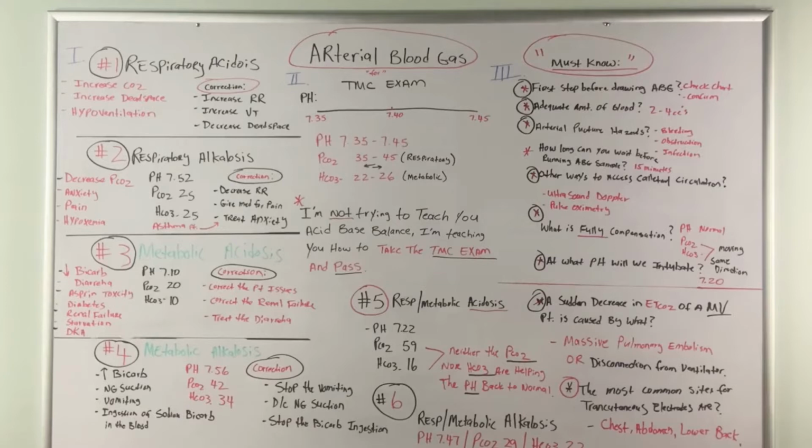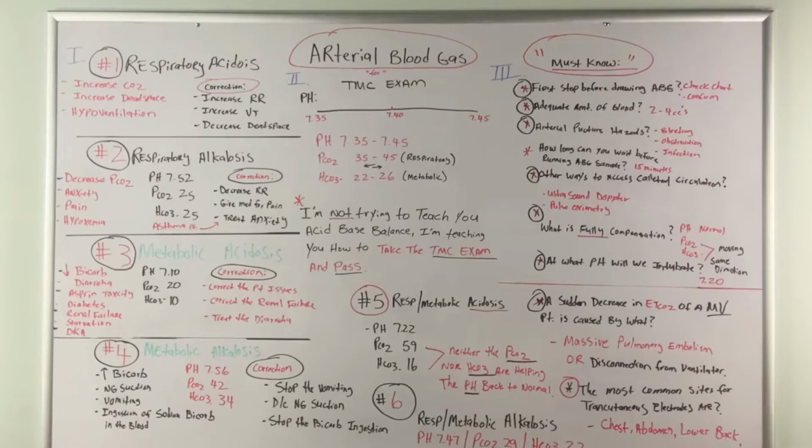Now, Roman numeral 2. I put this in here so that you can be reminded that you must know this, because I'm assuming you already know how to interpret blood gases. What I'm sharing with you is things that you will, without a doubt, see on a TMC exam.